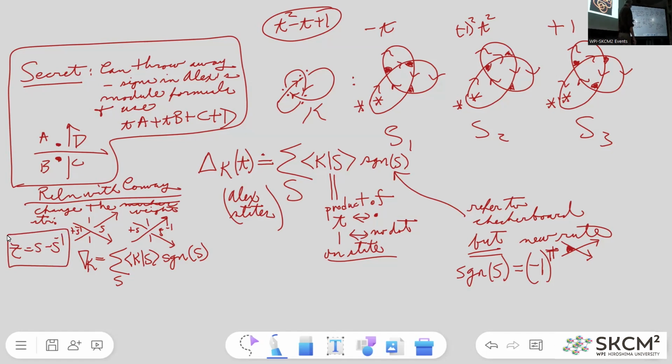And if you play around with that, you'll see that you get exactly the Conway polynomial. And then from there, if you do some further playing around, you will see why it's related to the Alexander polynomial according to my story, because Alexander is given by this weight assignment, T, 1, right?